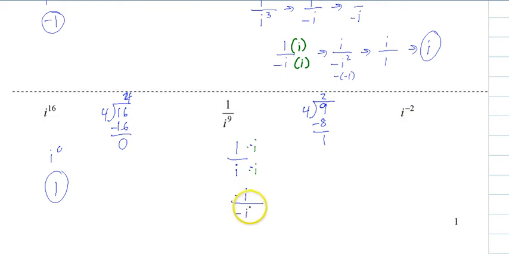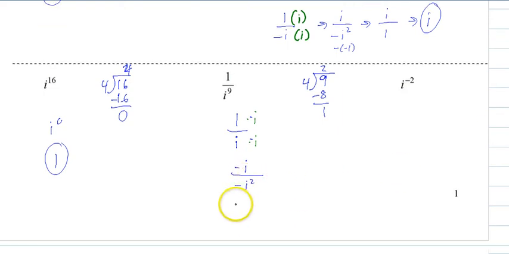I'm supposed to use a negative here, negative i squared, which is negative i over 1. Remember, that's the negative 1 again, which gives us negative i. And you could also just have multiplied by i cubed, and that would give us i cubed over 1, and i cubed is negative i. So whichever method you used, you should still end up with negative i.